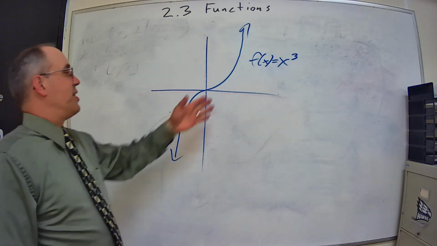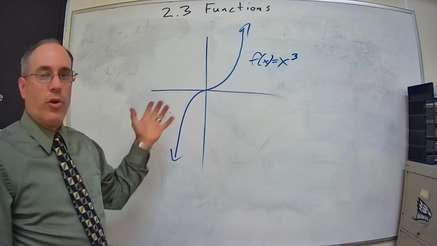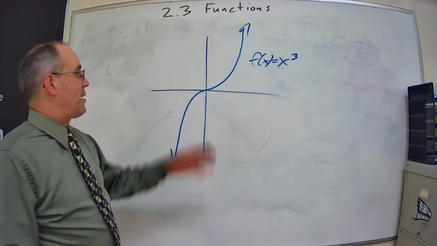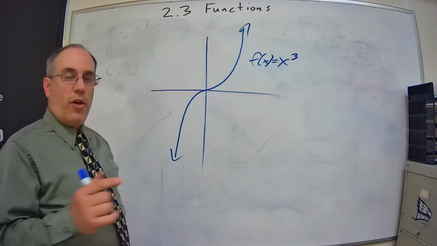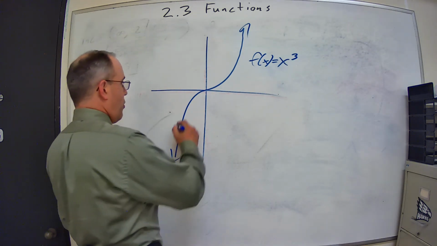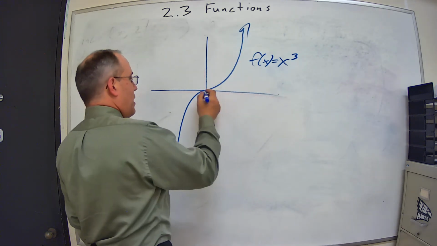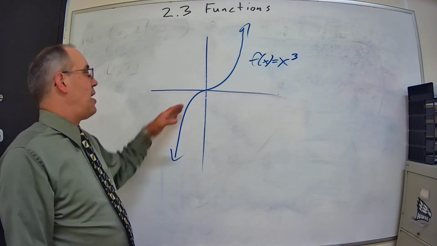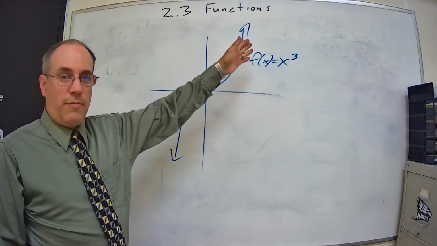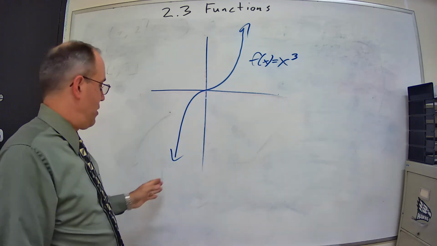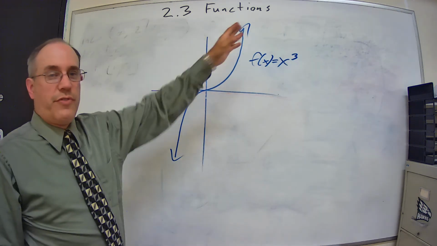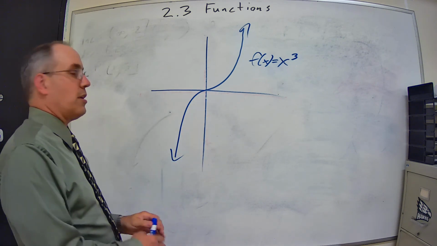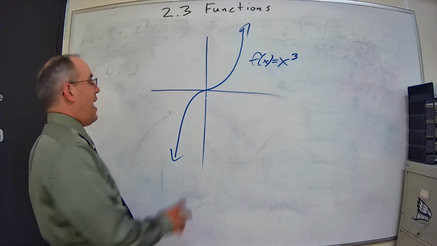Very poorly drawn, this is wider than that, even though it should be symmetric with respect to the origin. But what throws people off here is they see this go up and then go across and go up, and they look at this middle point here and they go, oh, it's constant there. No, it's not. This is always increasing. It increases from negative infinity to positive infinity as x moves from negative infinity to positive infinity. So it's always increasing. So just be aware of that.